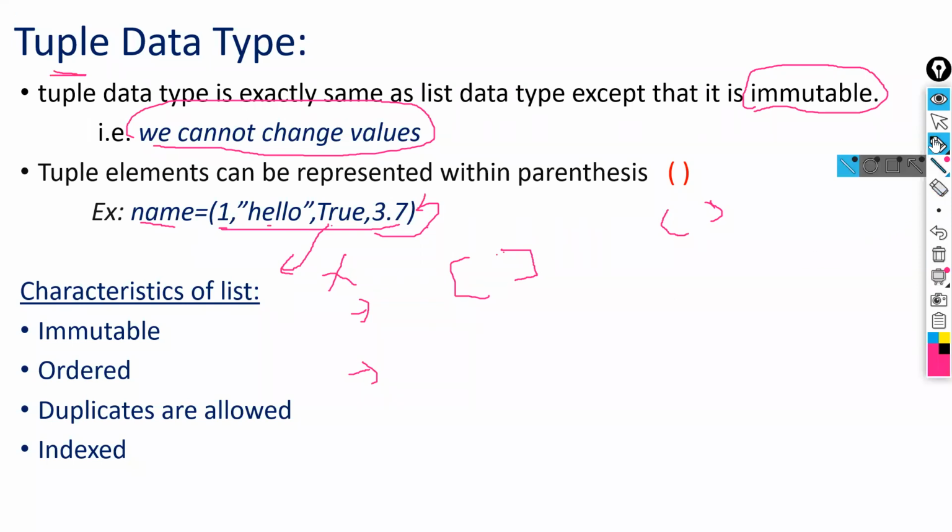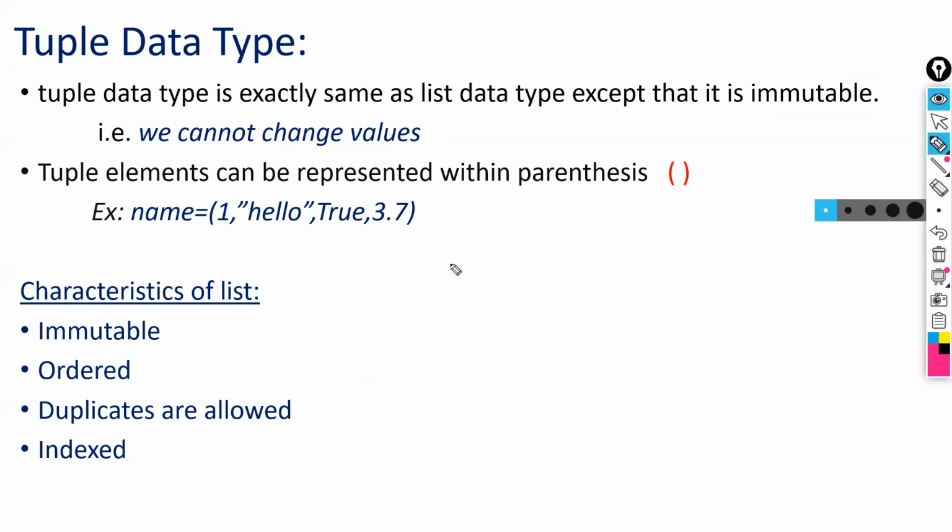Where can we use it? For example, take a company where we need to assign one ID number. It must be fixed, and the name also. If we take parentheses with an ID number or roll number and name, these are fixed values.